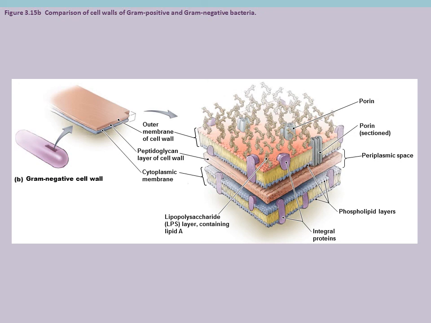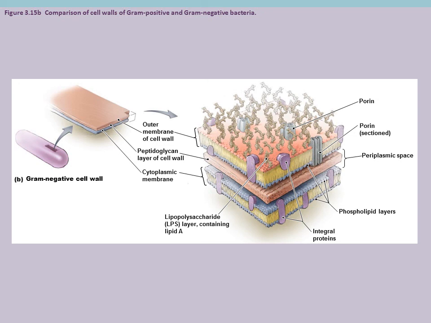So when you look at the schematic drawing of the gram-negative, you have that cytoplasmic membrane. Notice how thin that peptidoglycan layer is as compared to the gram-positive. Much, much thinner. And then you've got this whole extra outer membrane layer that has the lipopolysaccharides in it, has the lipid A in it.